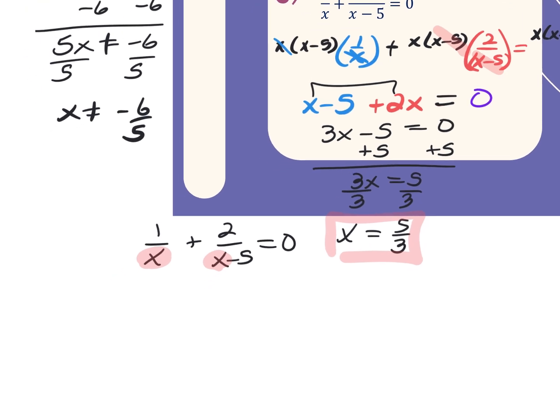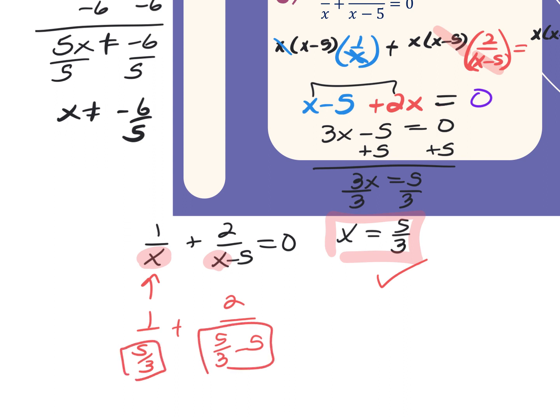So when I plug it in here, this just becomes 1 over 5/3. It's not 0, it's good so far. And then over here, I'm going to do 5/3 minus 5. It doesn't make it 0, it makes it a negative number. So this answer is good, it's not extraneous. It did not make any of my denominators a 0.